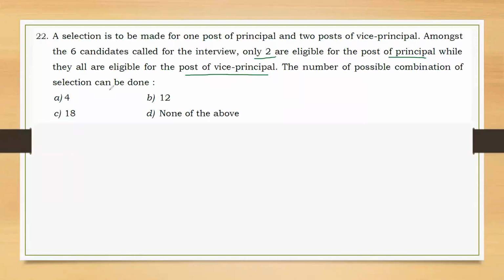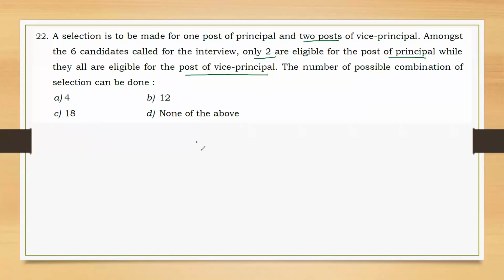Okay. So, first is Sanjima. Good. First, who will you select? Principal or vice principal? Principal, right? Don't go for vice principal. Suppose if you select for vice principal, actually we have 2 posts for vice principal, right?